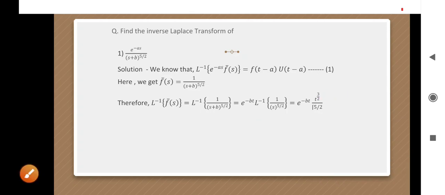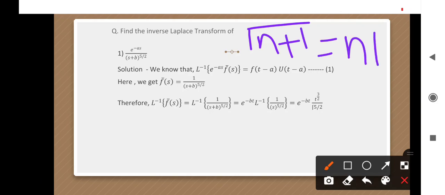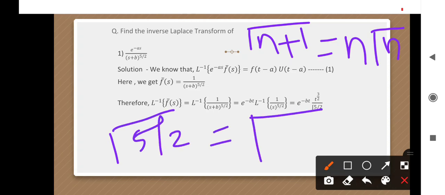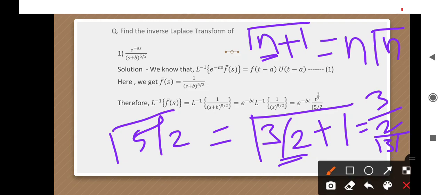Now we have one property of gamma function, that is gamma n plus 1 is equal to n gamma n. This gamma 5 by 2 can be written as gamma 3 by 2 plus 1. So here n is equal to 3 by 2, so this becomes 3 by 2 gamma 3 by 2.